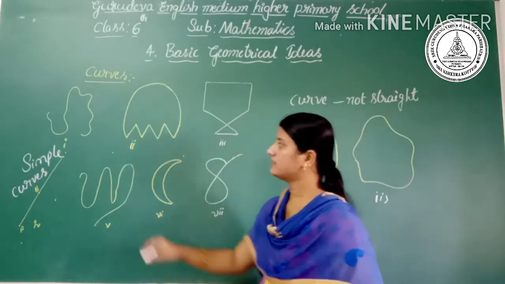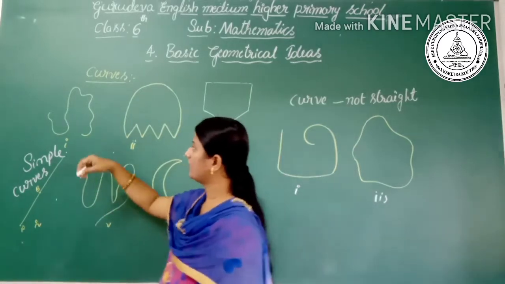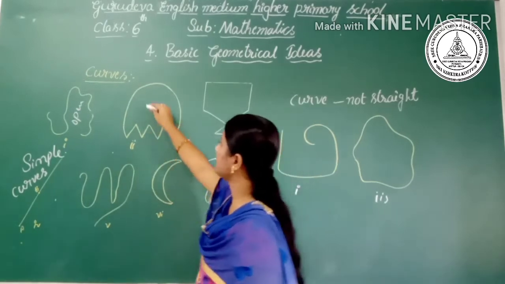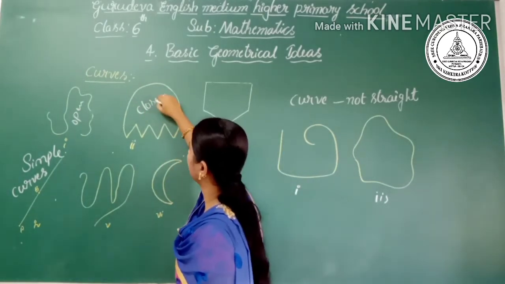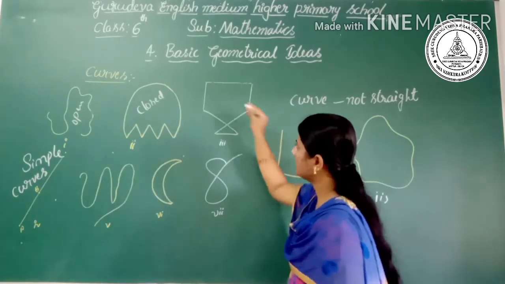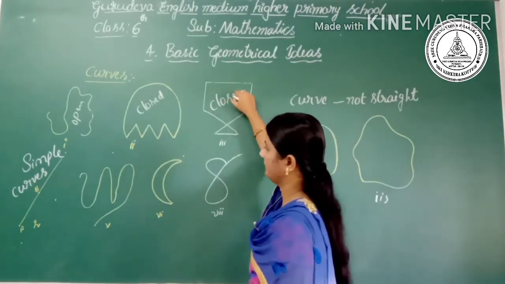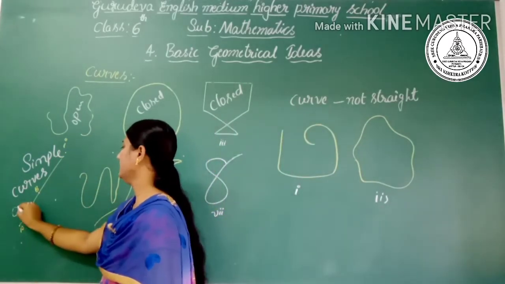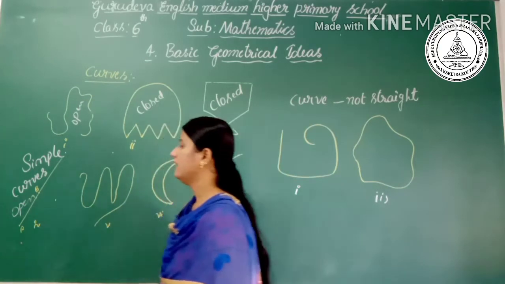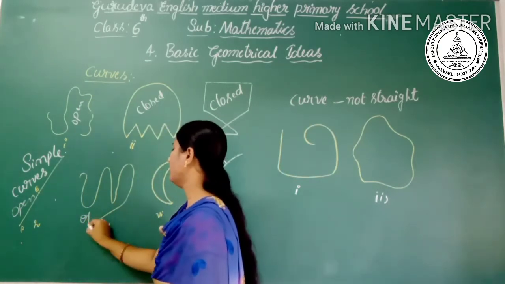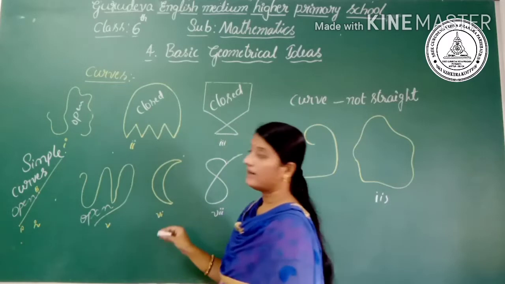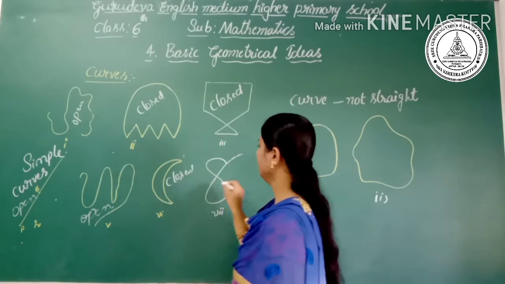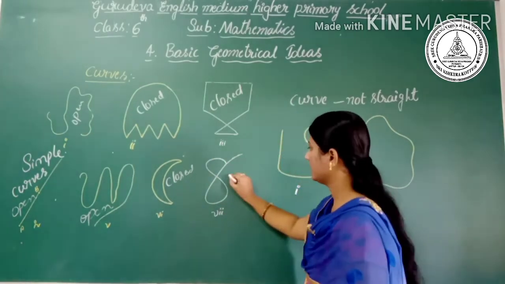The first one is not closed, so it is an open curve, and this one is a closed curve, and it is also a closed curve, and a line, so it is an open curve. The fifth one is also an open curve, the sixth one is a closed curve, and the seventh one is also a closed curve.